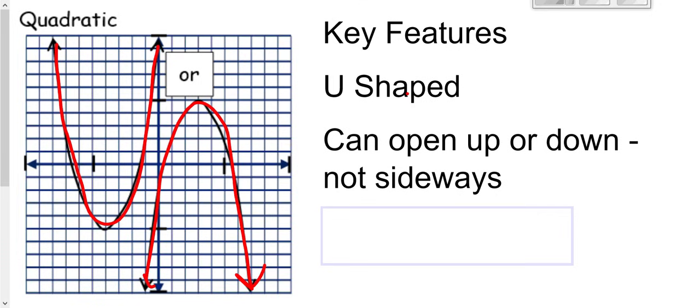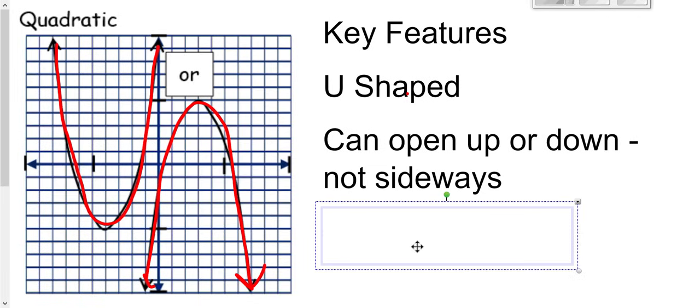You should never see a quadratic that opens sideways. That is not a function. If you remember our vertical line test, it would cross 2 times. So you cannot have a quadratic that opens sideways, but it can open up like a smile or down like a frown.